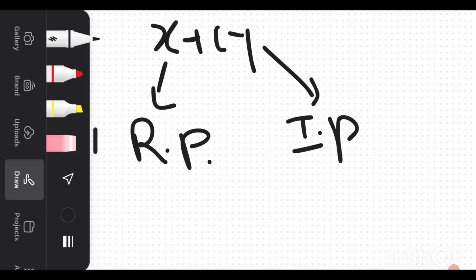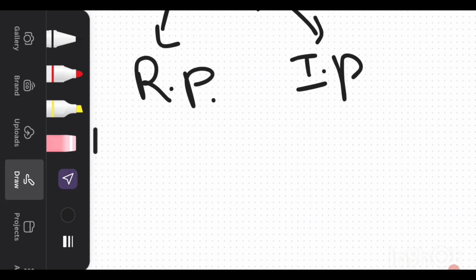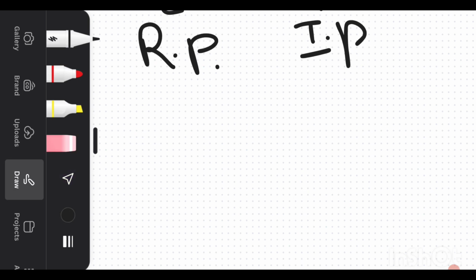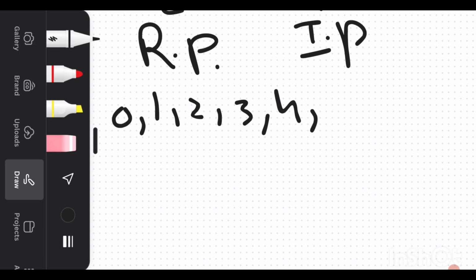Now here is a simple question: is every real number a complex number? The answer is yes. Every real number is a complex number with 0 as its imaginary part, like 1, 2, 3, 4, even 0. Now 0 is a complex number.